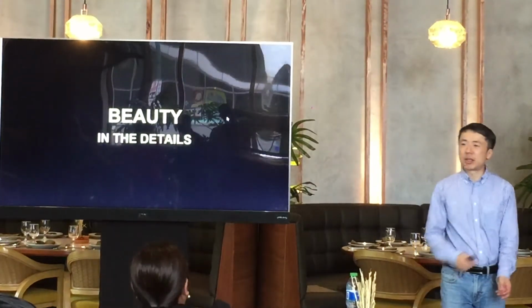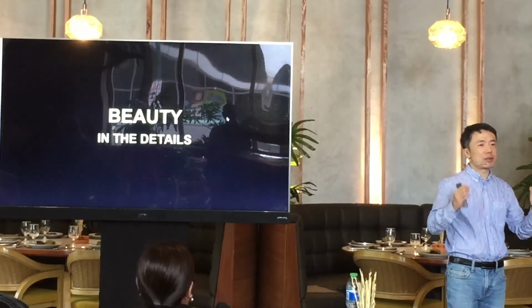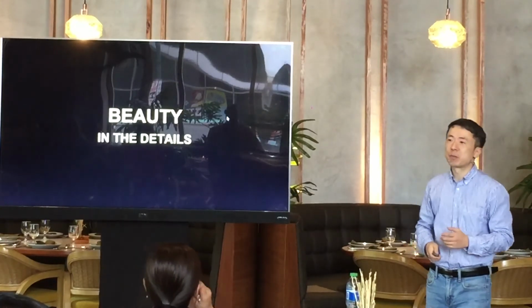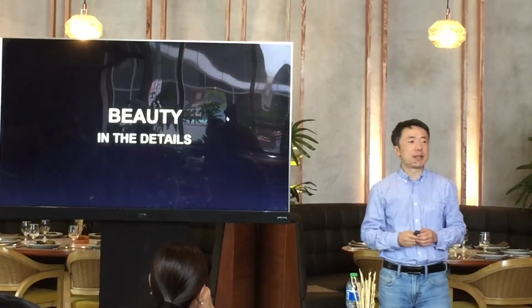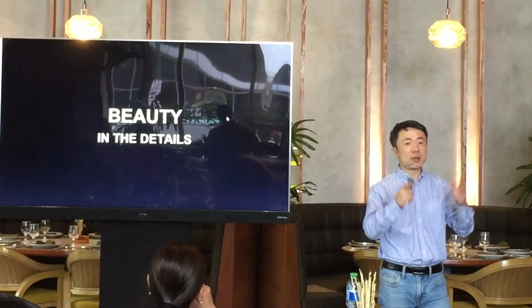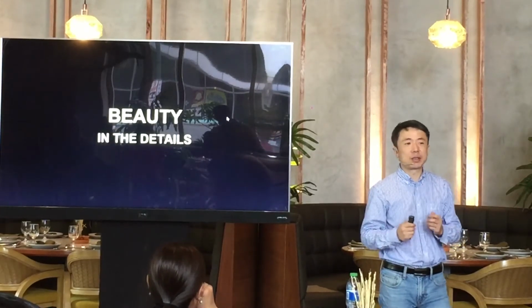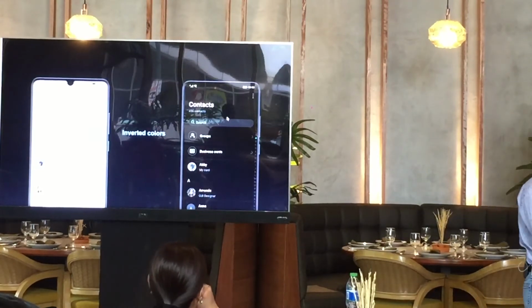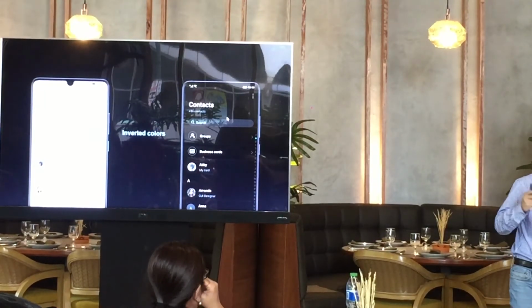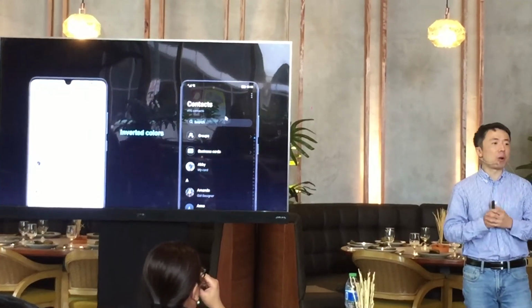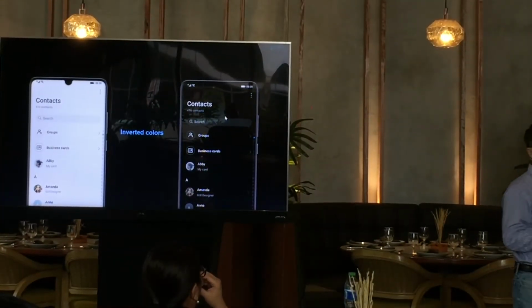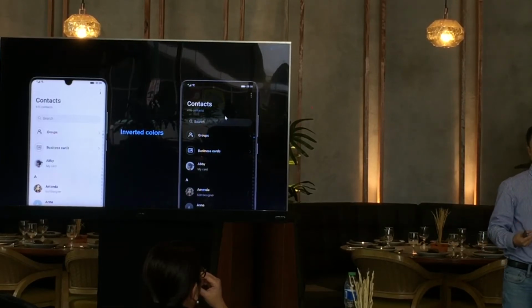Right? And also, not just the beauty at first glance, but we think that beauty goes beyond the first glance and into detail. A very highly anticipated feature in Android Q is dark mode, right? But most times when companies implement dark mode, they simply invert the colors, changing white to black, changing black to white.